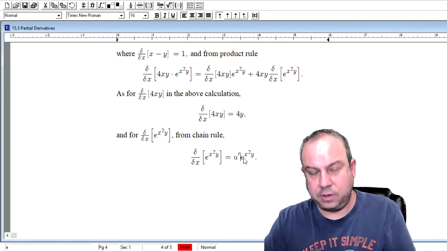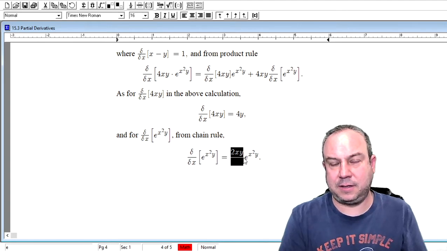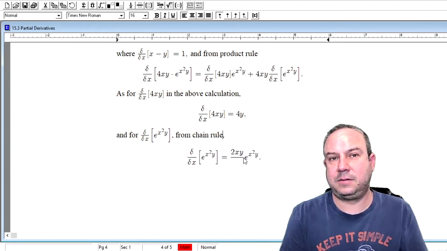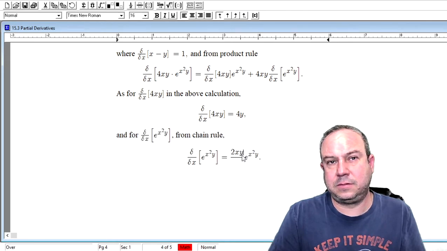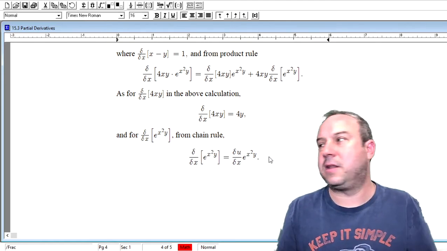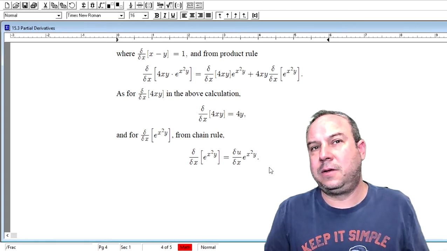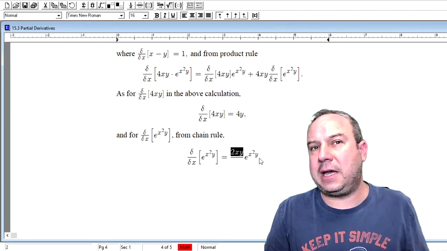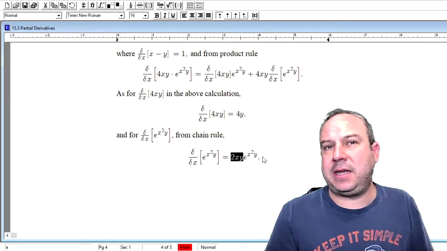This is u prime, right? Or what we might say is the partial of u with respect to the partial of x. Okay. But if we let u equal x squared y, that partial is just 2xy. So we build our derivative 2xy e to the x squared y here.